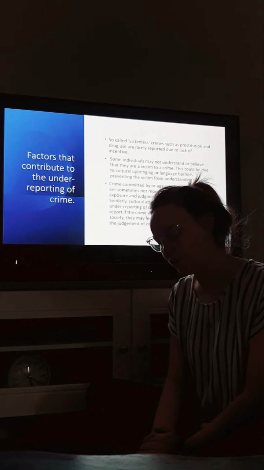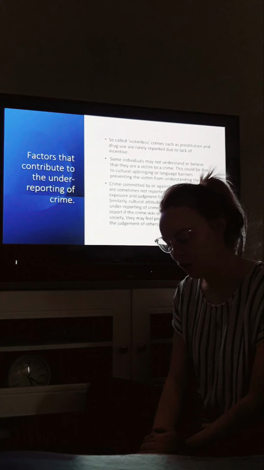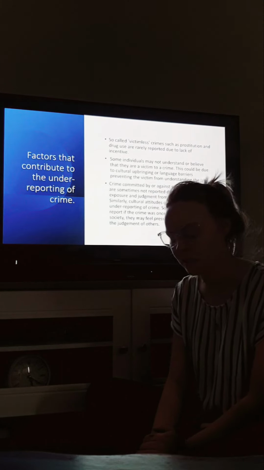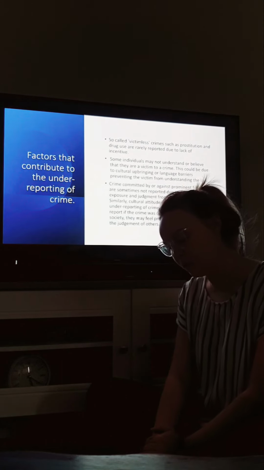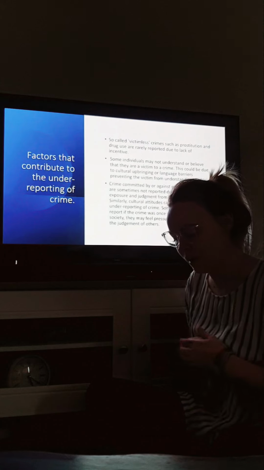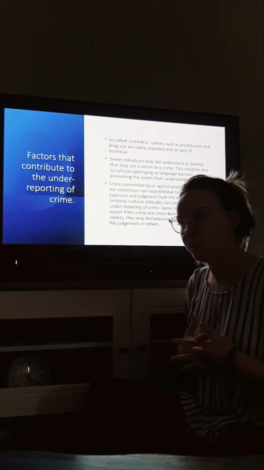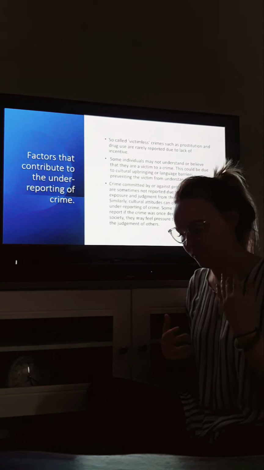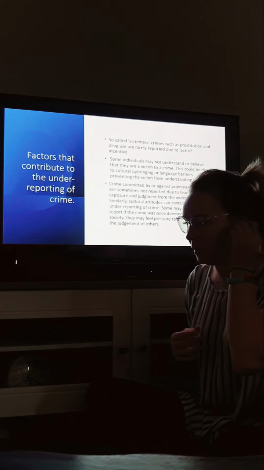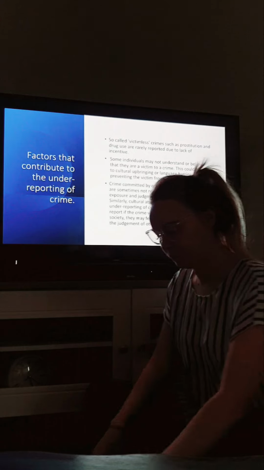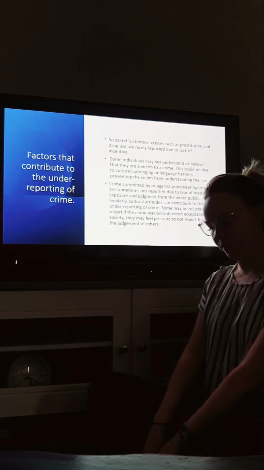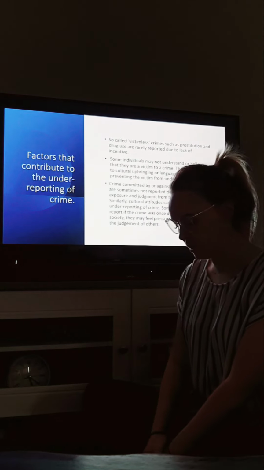So-called victimless crimes such as prostitution and drug use are rarely reported due to lack of incentive. Some individuals may not understand or believe that they are a victim of a crime. This could be due to their cultural upbringing. They may have been brought up to believe that a certain crime is accepted in their culture and their belief system.